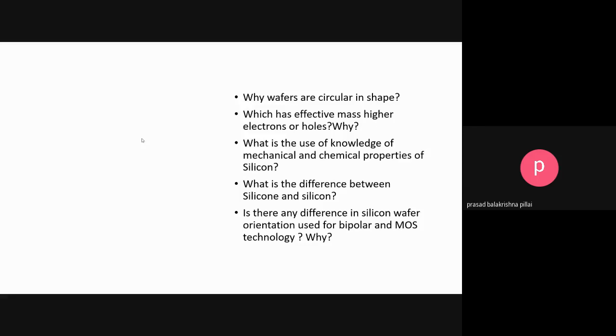That means at the surface there is a discontinuity, so in physics we talk of surface states. In 111, the surface state density is much more, and MOS being a surface device, the surface state density can severely affect its performance. Whereas 100 has fewer surface states. Anyway, more about it when we discuss MOS devices.